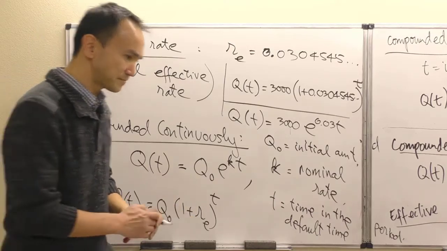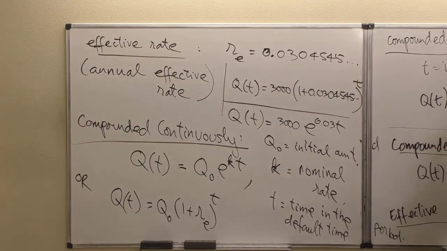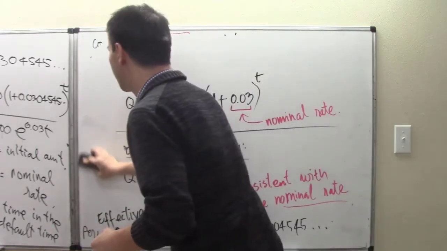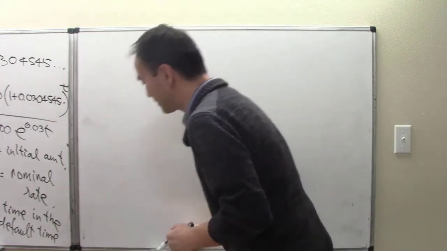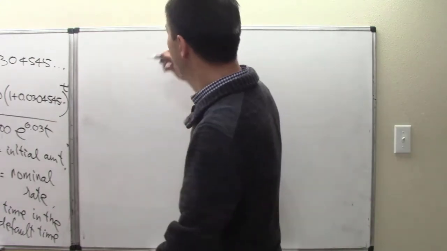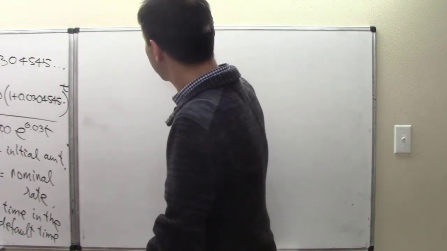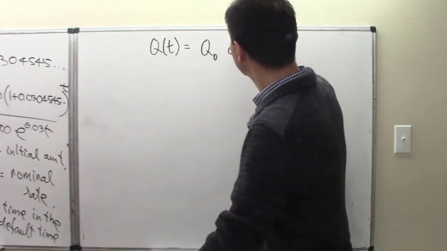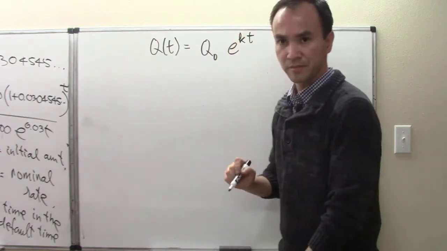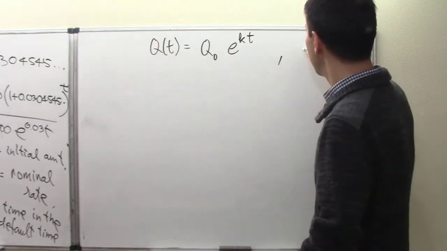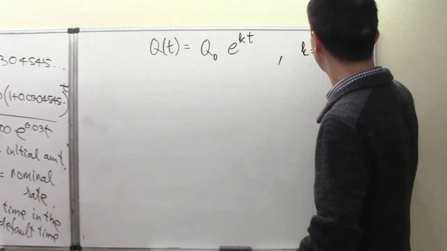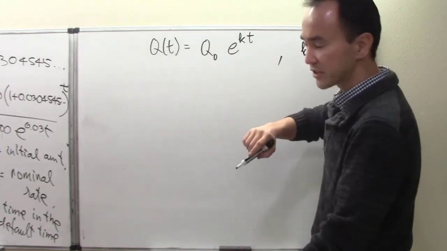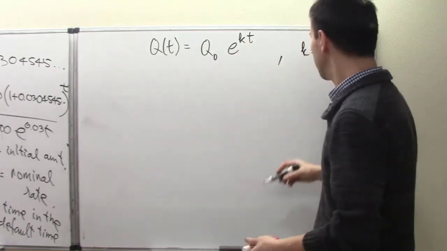So now on this board, here's how I'm seeing it. On one hand, q of t is q sub 0, the initial amount, times e to the kt, where I explained previously the k here is the nominal rate, q sub 0 is the initial amount, needless to say, and t is the time in the default period.